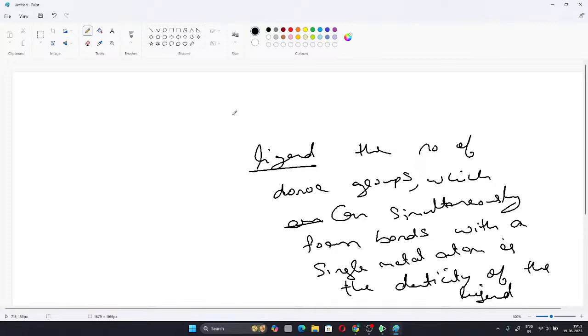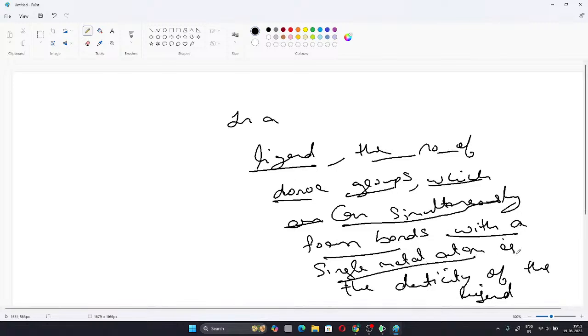In a ligand, the number of donor groups which can simultaneously form bonds with a single metal atom is the denticity of a ligand.